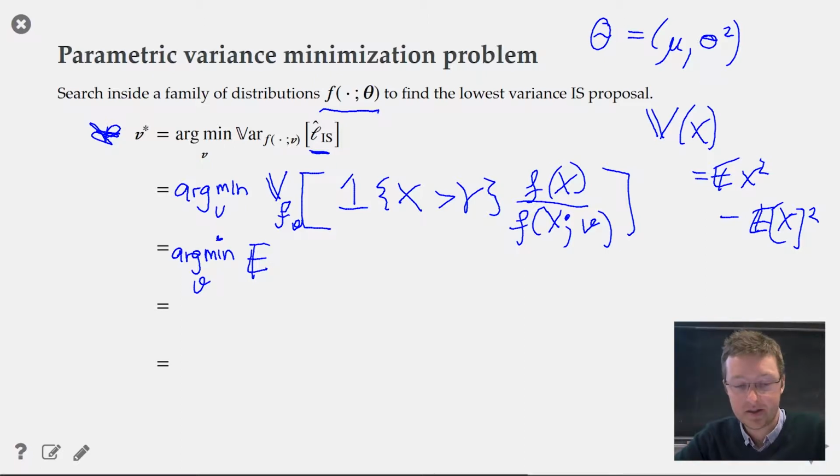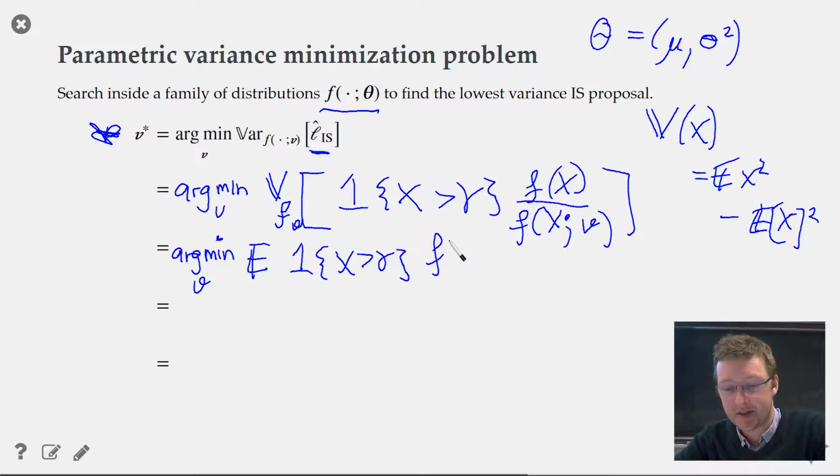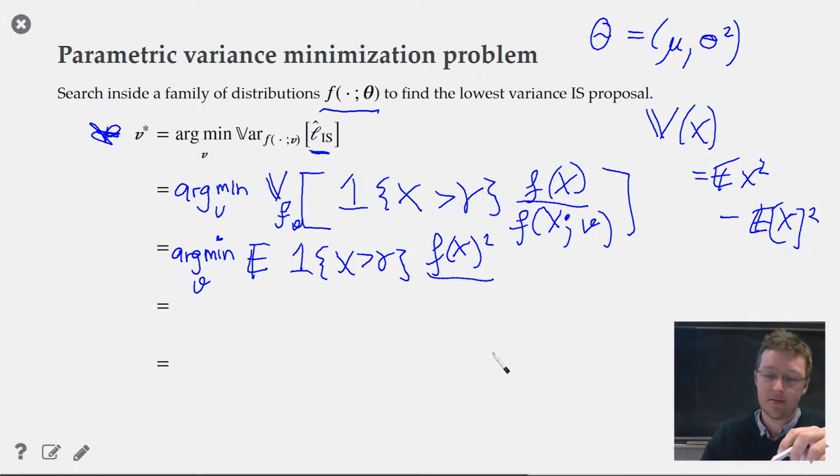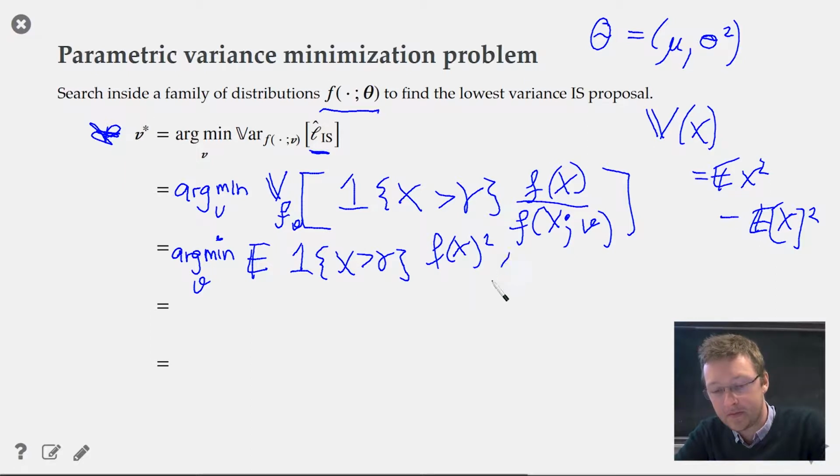The indicator squared just is itself. When it's 0, 0 squared is 0. When it's 1, 1 squared is 1. So that doesn't change. This part does. So we get the original density f of x squared, and then divide through by the proposal density with parameter v, squared.